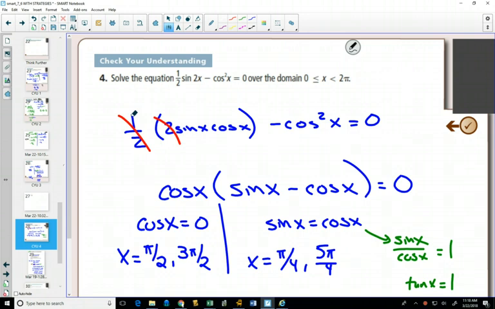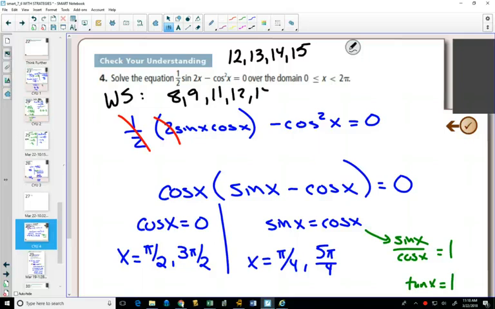Not only are you going to do the questions 12, 13, 14, and 15 out of your book, but on the identities sheet that you had all those proofs, on the back side is a full page of solving equations. So on the back side for the solving ones, if you have it, take it out so you can circle or highlight the following questions. WS for worksheet: 8, 9, 11, 12, 14, 15.